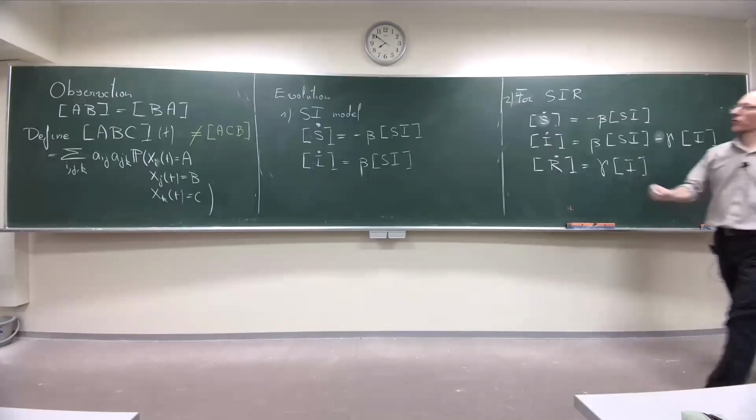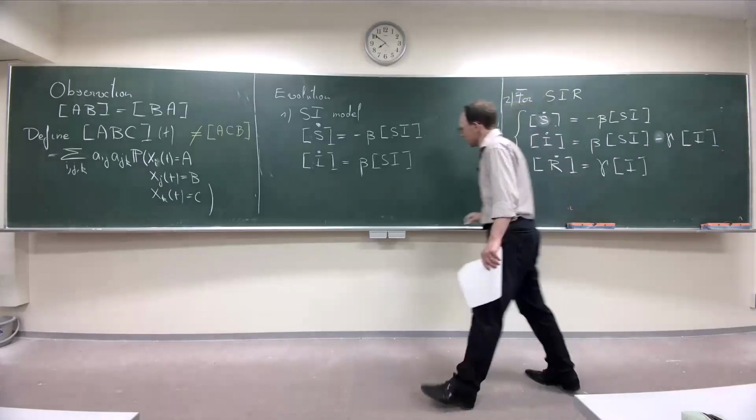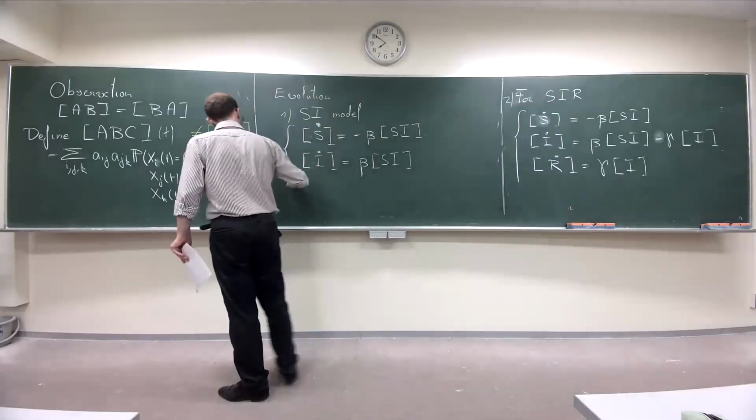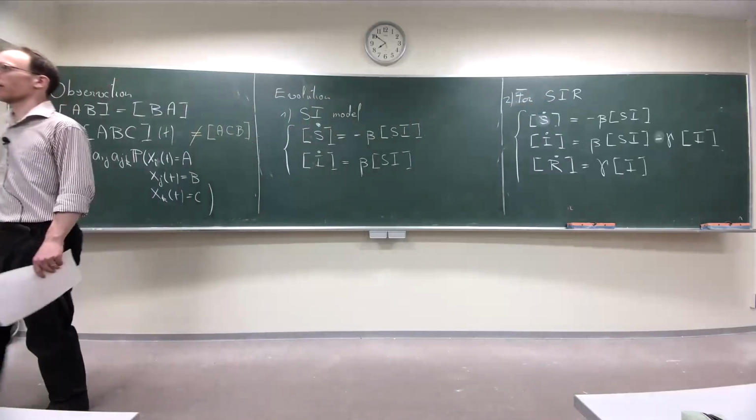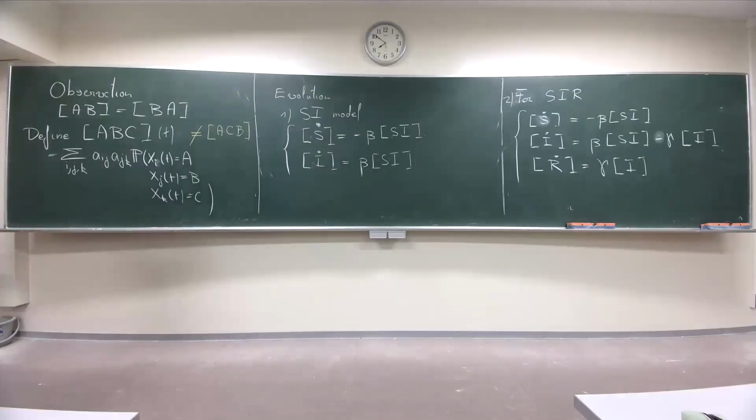Okay, so we have only 3 equations in this case, instead of 2n. Are you more happy than before? Because you have only 3 equations.